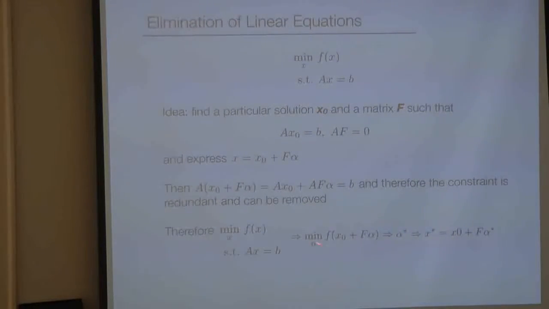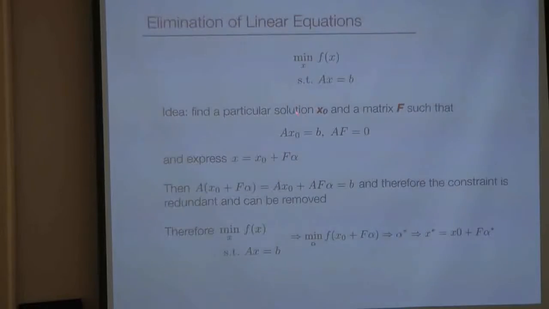It is a problem in alpha, so we can solve it using whichever method we like, and we obtain the optimum alpha. But we are not interested in alpha, we are interested in optimal x. Okay? But we have this substitution. I mean, we just plug it in and we are done. Okay? So this is a very general procedure which can be used to automatically eliminate equality constraints which are linear.